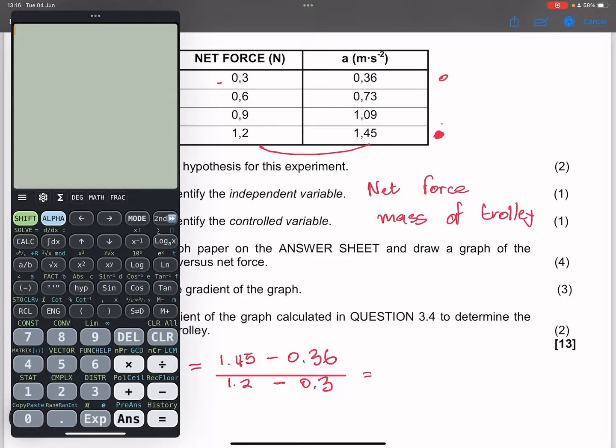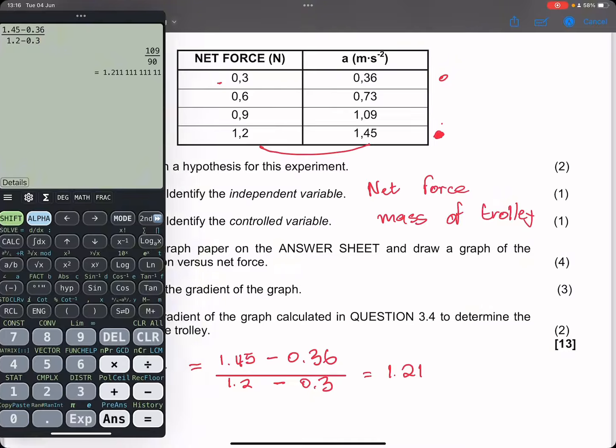So in that case, what do we have? We've got 1.45 minus 0.36, divided by 1.2 minus 0.3. And I seem to get a value of 1.211111. Okay, I'm just going to say 1.21. Okay, so that's our gradient, right?